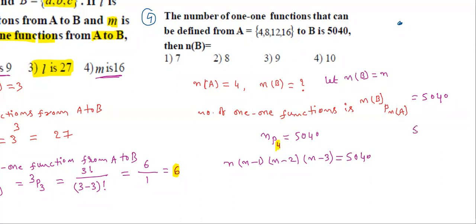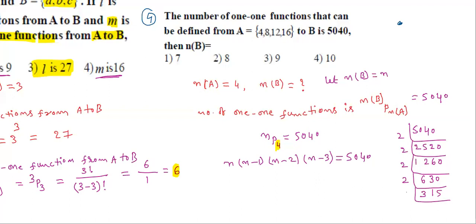So do one thing, take the LCM of 5040. 2 twos are 4, 2 fives are 10, 2. Again with 2: 2 ones are 2, 2 sixes are 12, 0. Again with 2: 2 sixes are 12, 2 threes are 6, 0. Again with 2: 2 threes are 6, 2 ones are 2, 5.